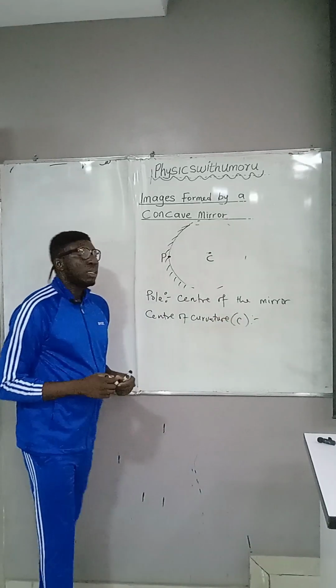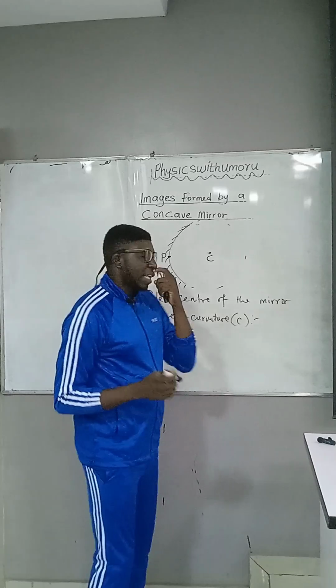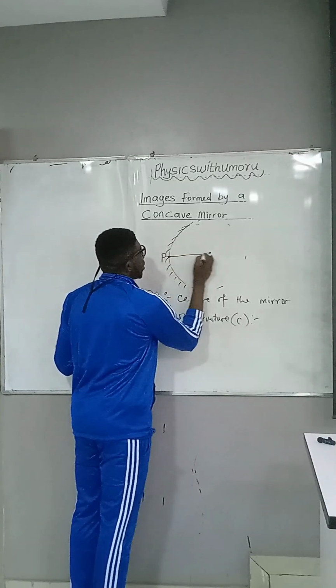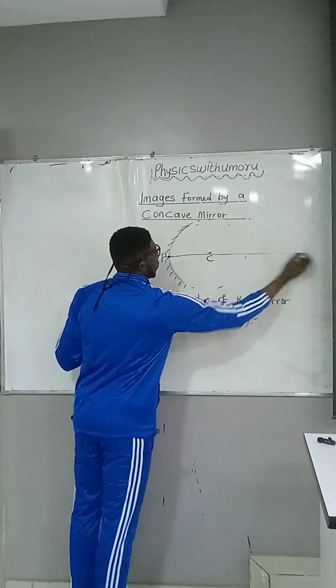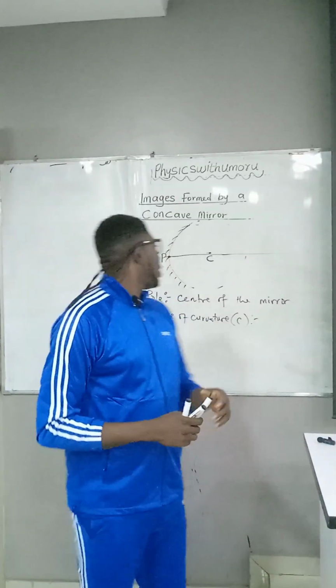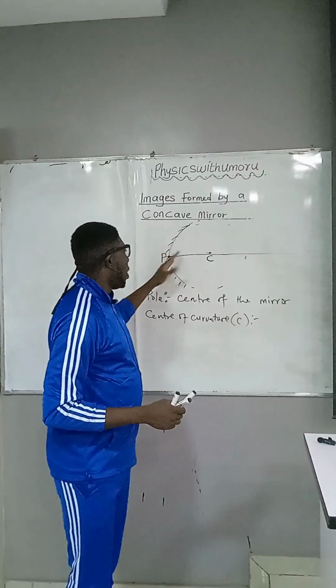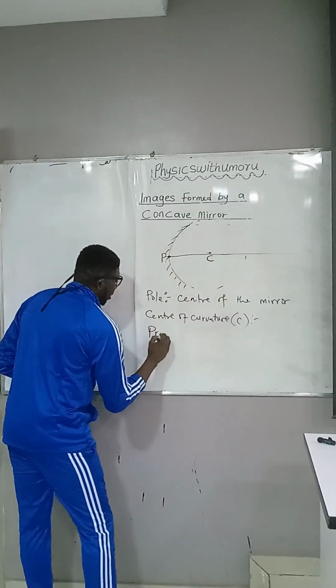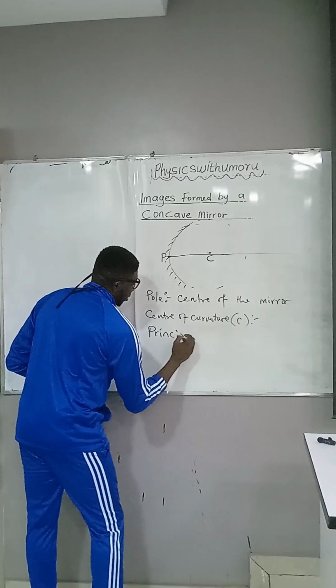All right. Now, the next is a line that joins this pole to the center of the curvature and beyond. Any imaginary line that joins the pole and the center of curvature, we call this line the principal axis.